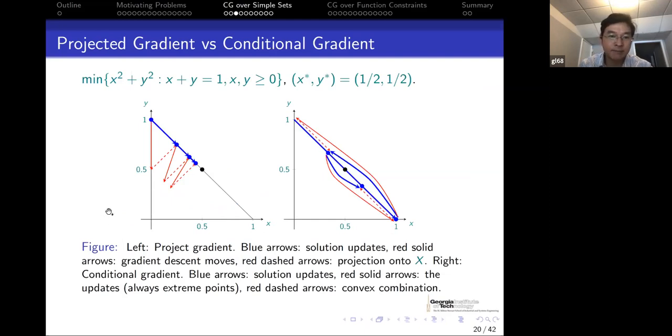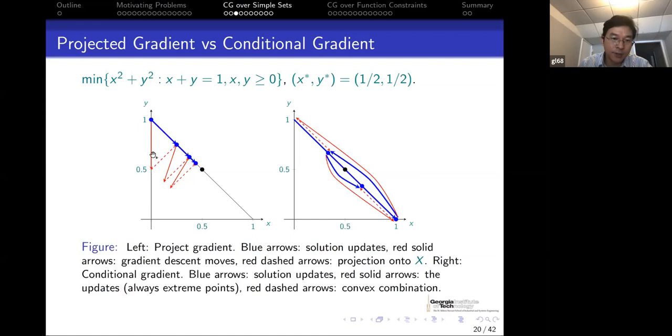I gave a very simple example as an illustration. I want to minimize x squared plus y squared, subject to x plus y equal to 1 and x, y non-negative. The optimal solution is given by 1/2 and 1/2. The left picture shows you how the projected gradient goes for this particular problem. I start with the point 0, 1.